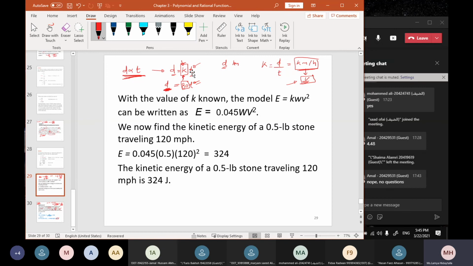If he gives me the time and the distance, for example after 2 hours you traveled a distance of 60, then your K is 30. Or after 2 hours you travel 120, then your K is 120 over 2, which is 60, correct? And so on.